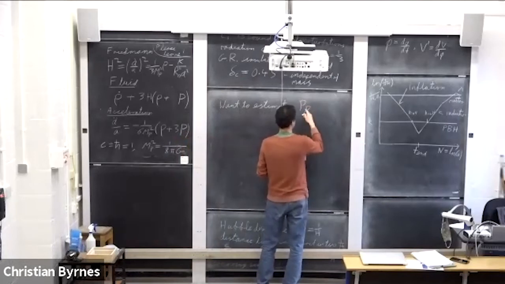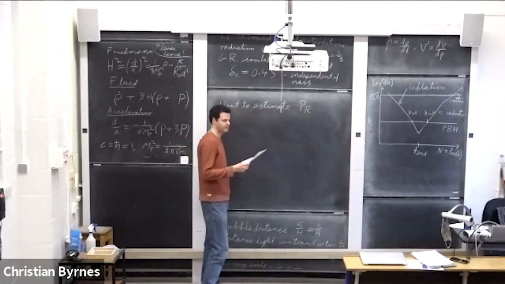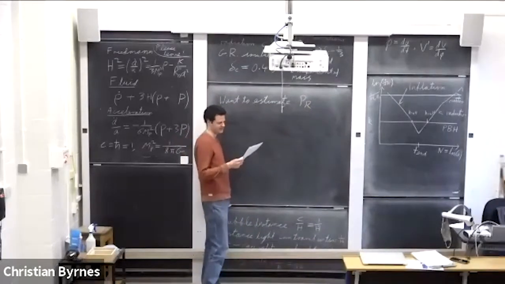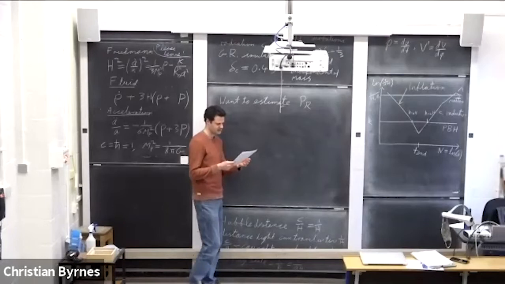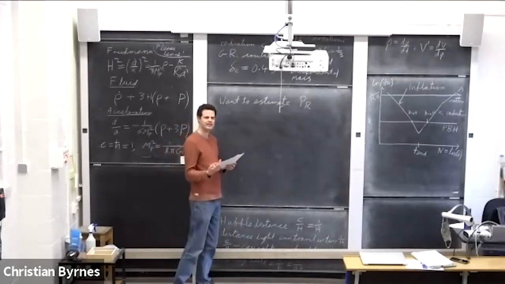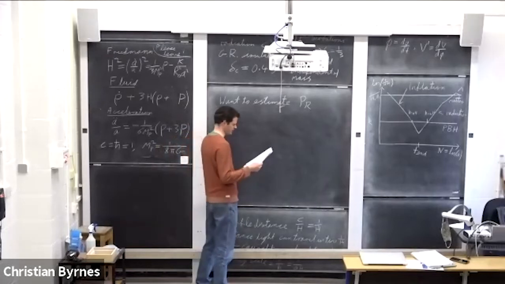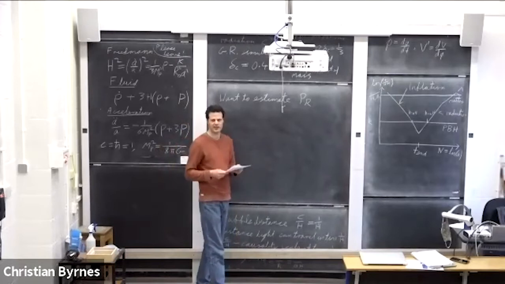We want to estimate this such that we get some primordial black holes, but not so many that it's ruled out. To be a bit more precise, interesting normally means that there's a non-negligible fraction of the dark matter in primordial black holes. I introduced this yesterday in the slides.